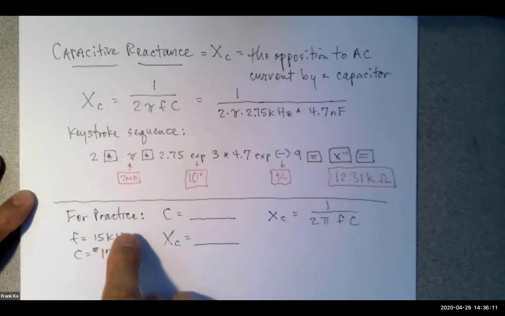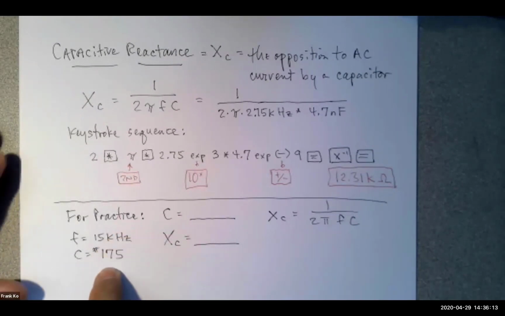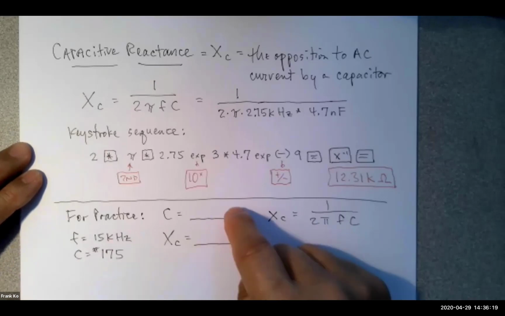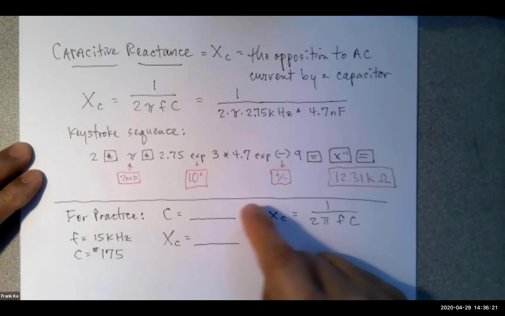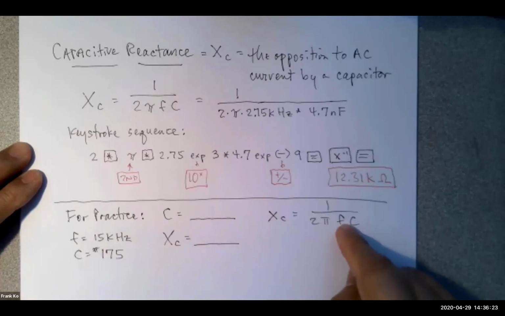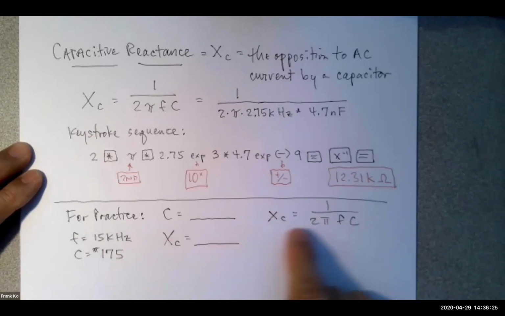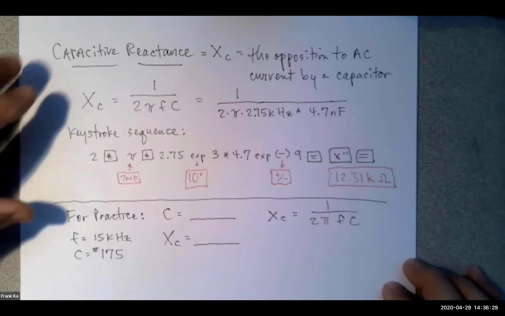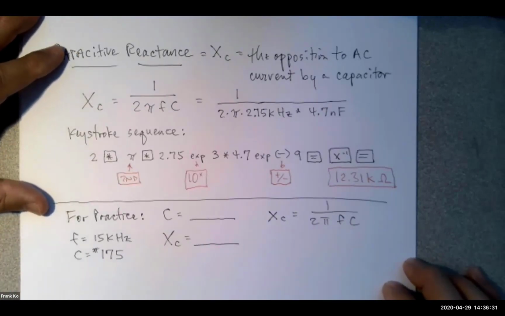Give me a new frequency and a new coded value for your capacitor. You have to decipher that capacitor code, write down the value of capacitance that you're going to use in this formula, then pop in the frequency and calculate an X sub C.